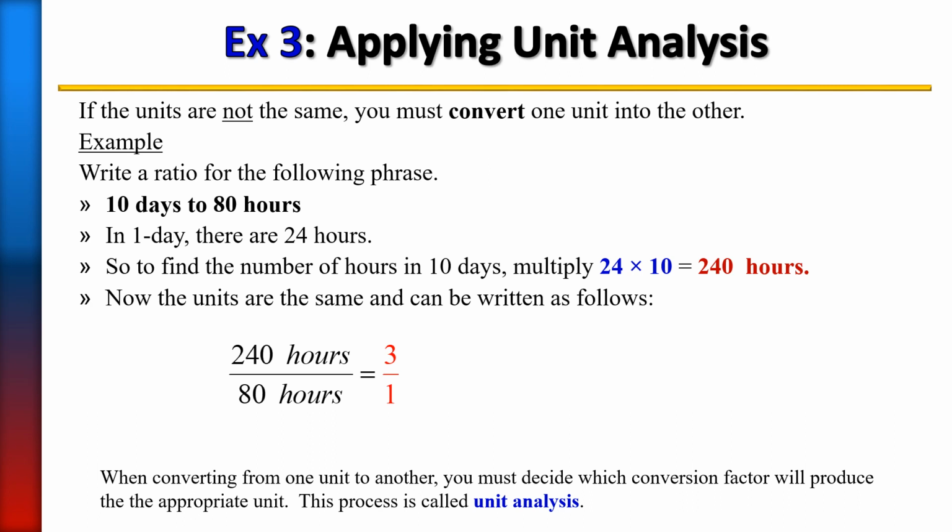Anytime you have a whole number, it has a denominator of 1. So writing that ratio would be 3 to 1, 3/1, or 3:1. And those are the three ways in which we can write this ratio.